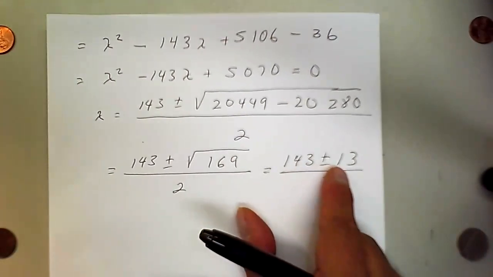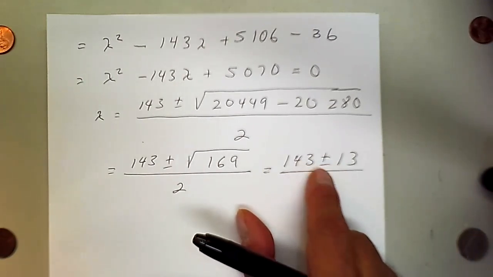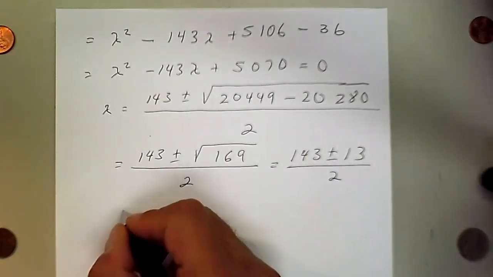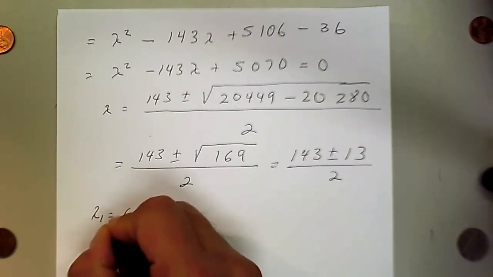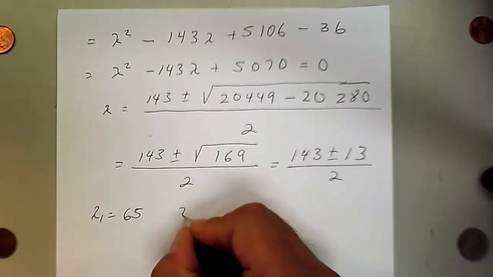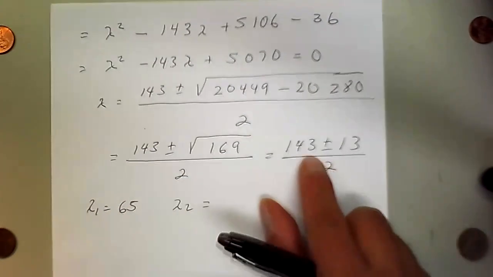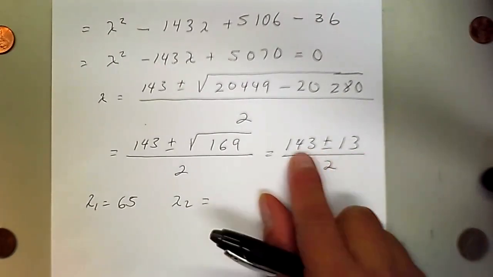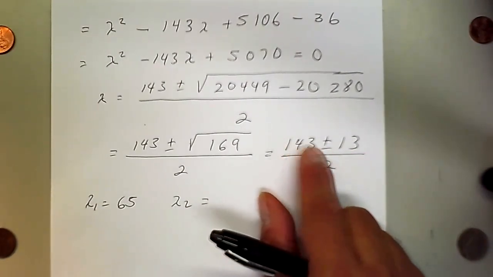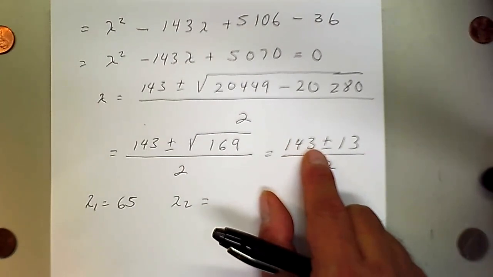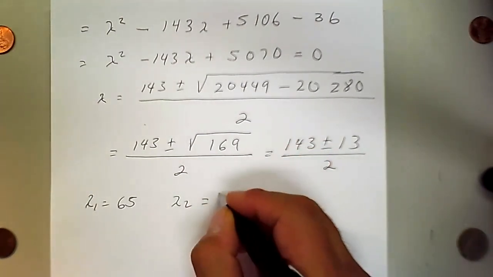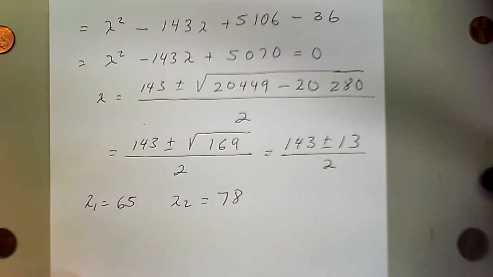When we subtract 13, we get 130, divided by 2 gives us 65. So lambda 1 is going to be 65. And lambda 2 is going to be the other number. If we add 13, we get 156, divide that by 2, and that's going to give us 78. Okay.